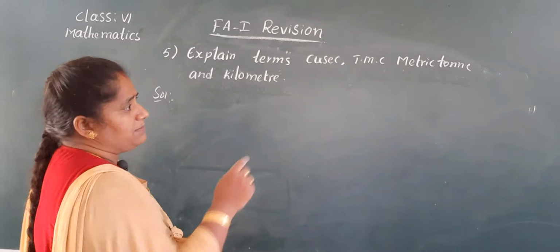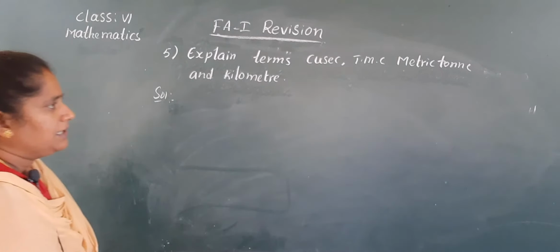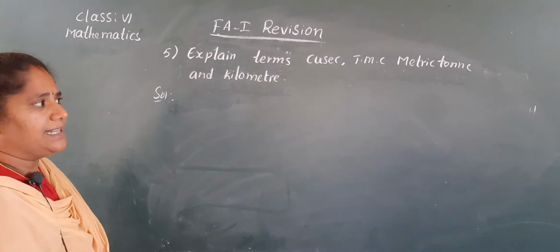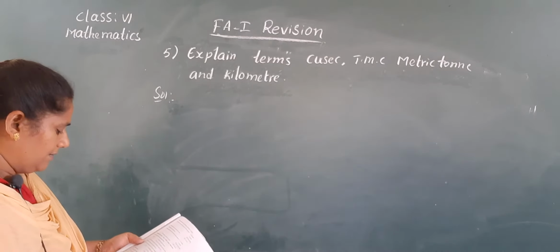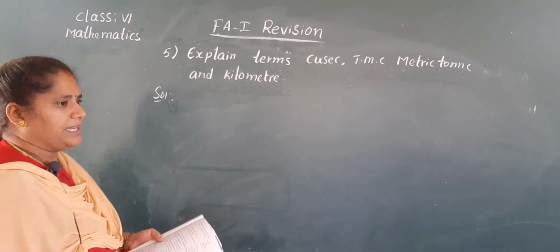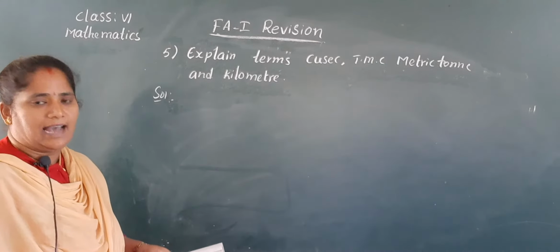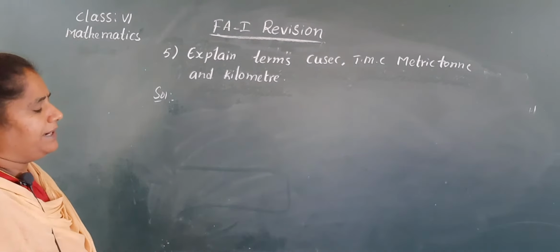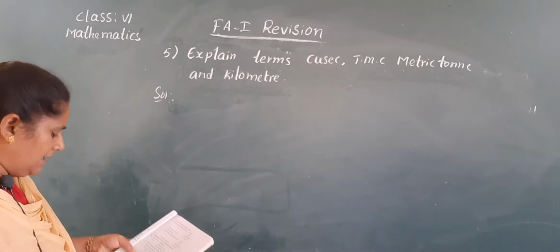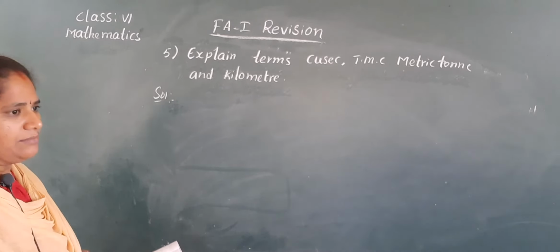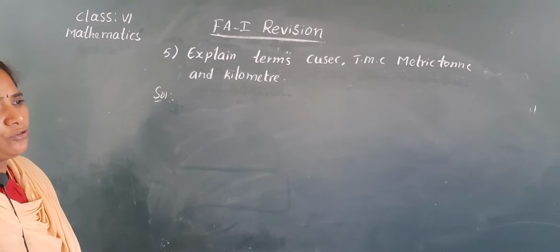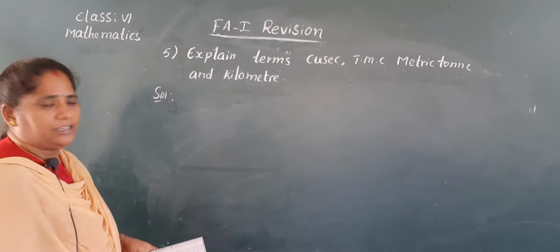Okay, and what is meant by metric ton? Yes, metric ton is generally referred to as ton. It is used to measure the weights of goods, products like food grains and others. 1 metric ton equal to 1000 kilograms. Is it clear to you, children?